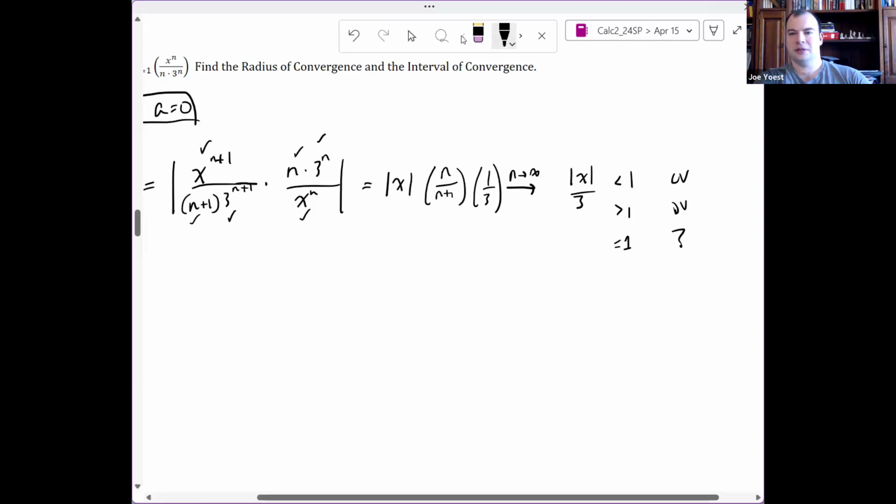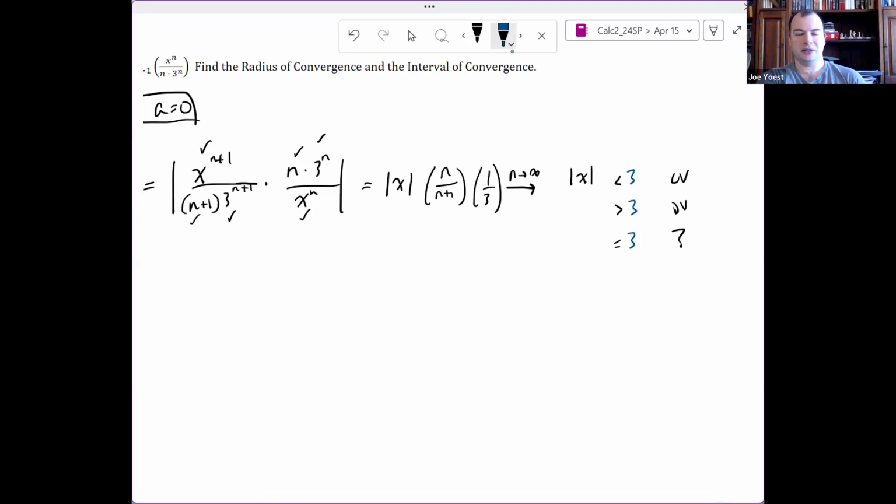In other words, I can multiply through by the 3. If absolute x is less than 3, I converge. If absolute x is bigger than 3, I diverge. If absolute x equals 3, I'm not sure.